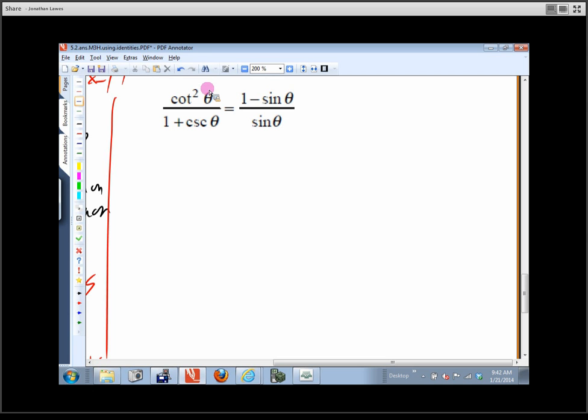Any ideas on what we ought to do first? We could use a Pythagorean identity on this. That would be 1 plus cotangent squared x equals cosecant squared x, right? So if I'm going to replace a cotangent, I'm going to move that over to the other side.